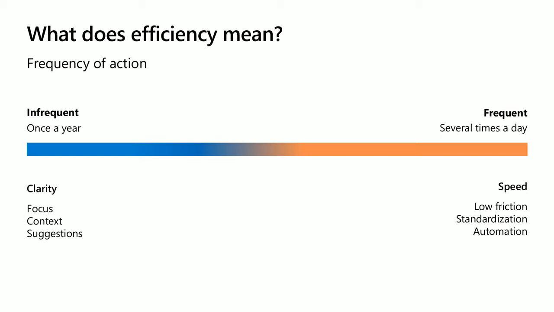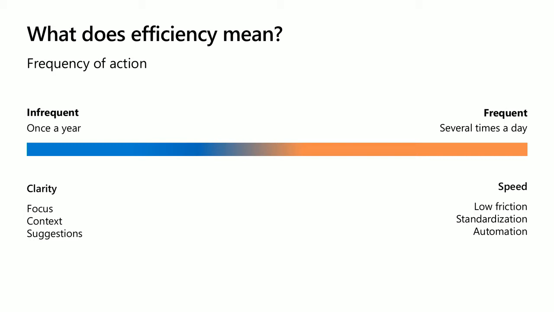And then the other vector that we have here is in terms of the tasks themselves. Some tasks you do very, very frequently, right? Like resetting a user's password. And there are other tasks that you do very infrequently, but they're super important, such as privacy settings. You may change those once within your organization for the entire lifetime of the tenant.